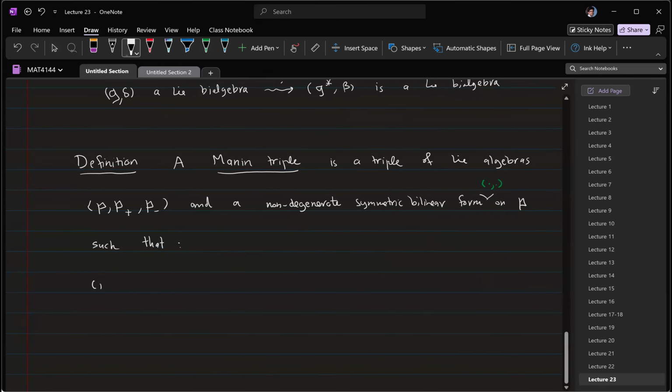So the first property is that this bilinear form is P invariant.